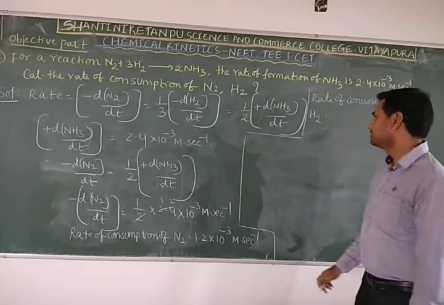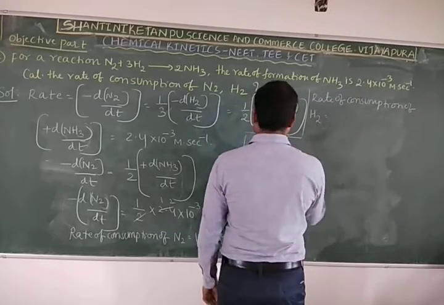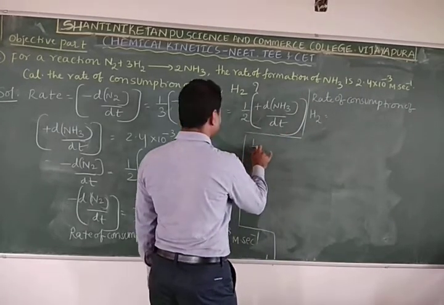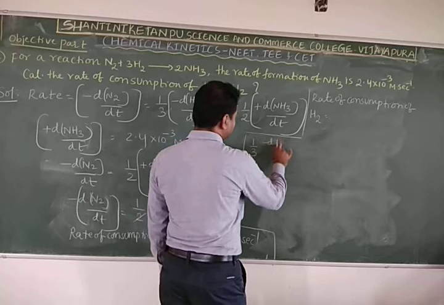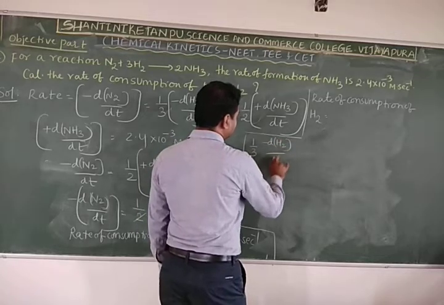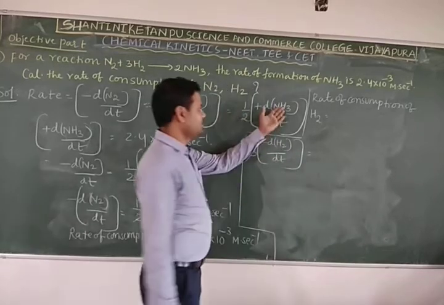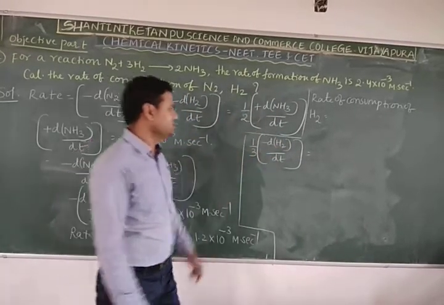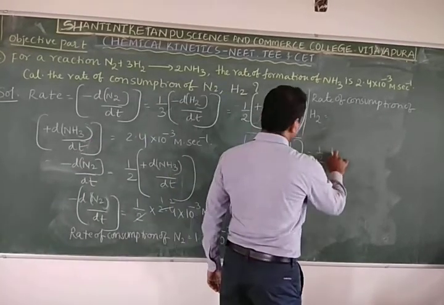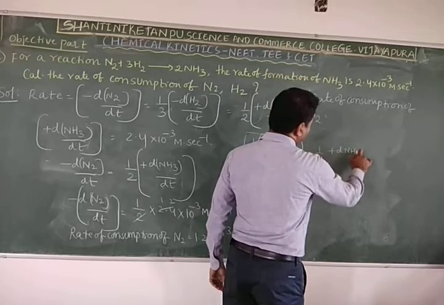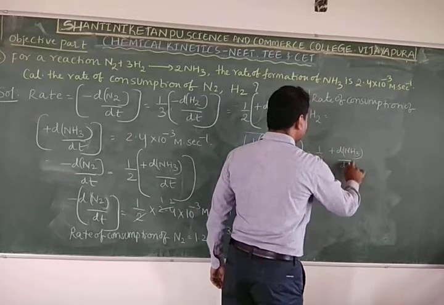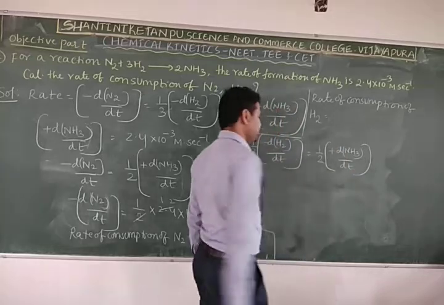So therefore, rate of consumption of hydrogen, I am writing the formula, 1 by 3 minus dH2 by dt is equal to 1 by 2 plus dNH3 by dt, because this value is already given.